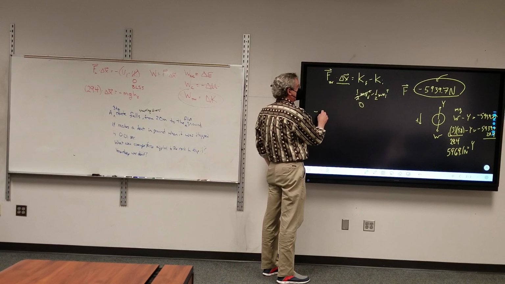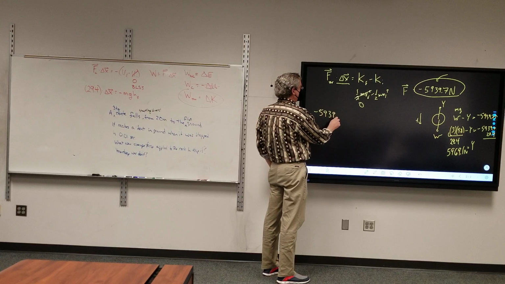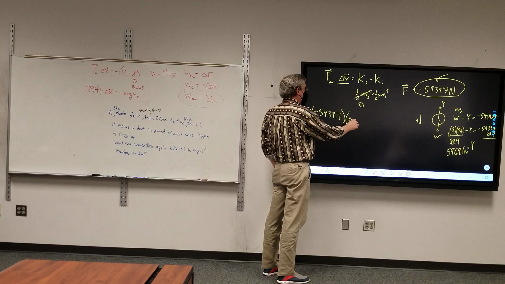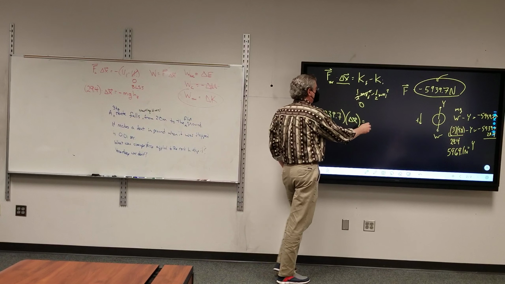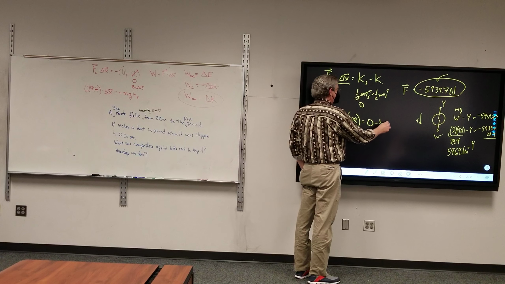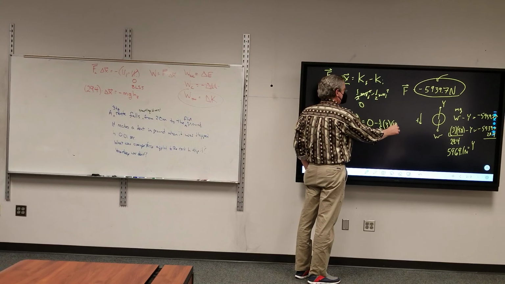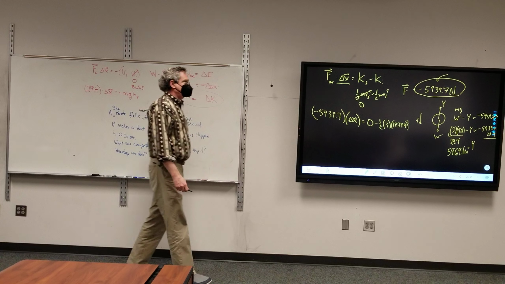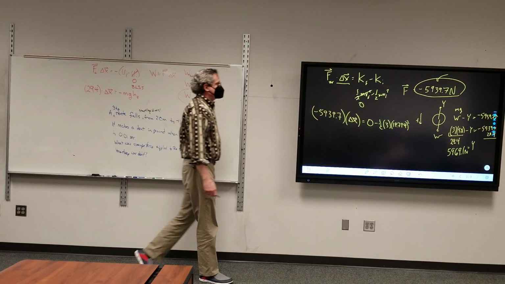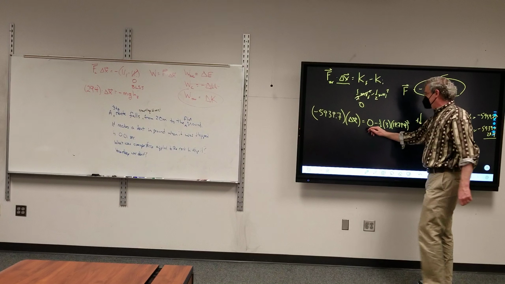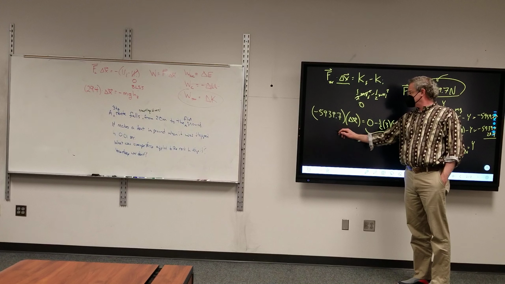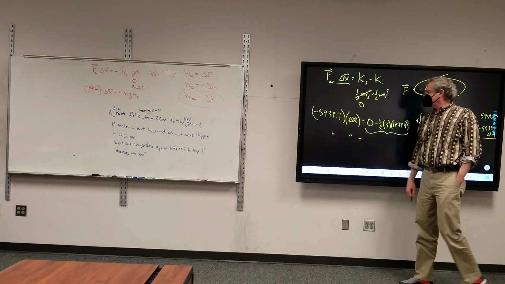So I got my total force, negative 5,939.7, times my displacement, which I'm trying to figure out, is equal to 0 minus 1/2 times 3 times 19.799 squared. Negative something.